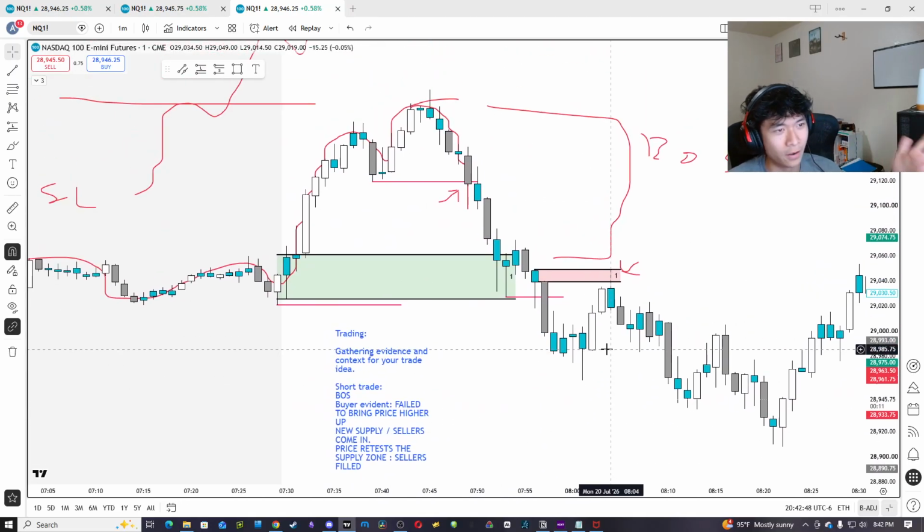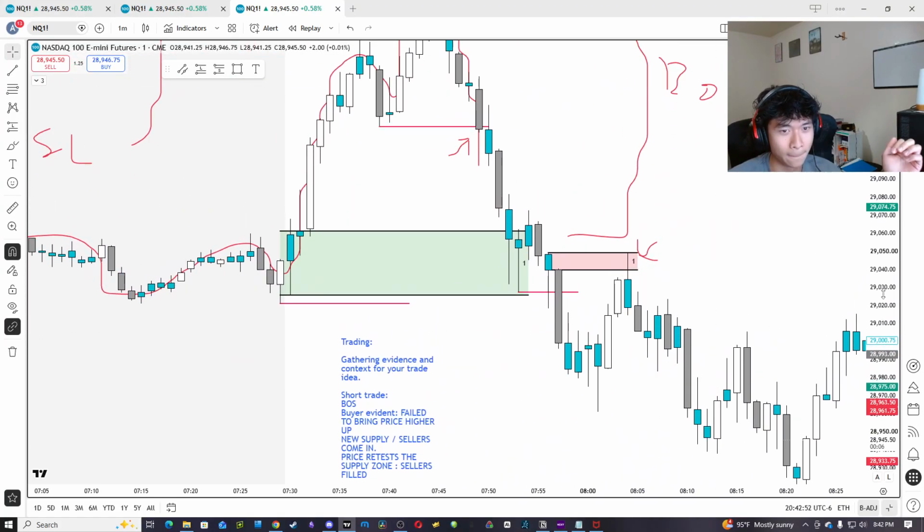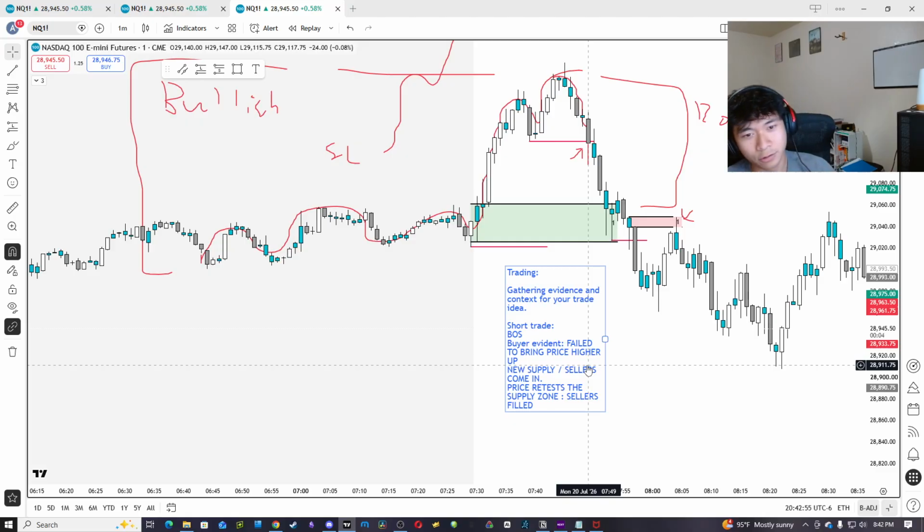You don't see all that all the time, but when it does happen, that is your chance right there to load the boat. This can become an entry model. This can just become another way you determine directionality for your trade and then enter your own entry model.